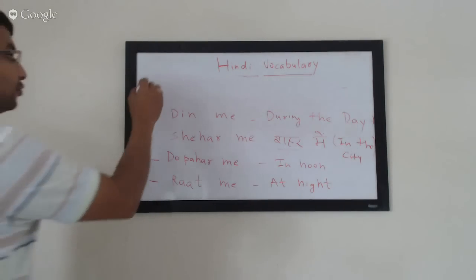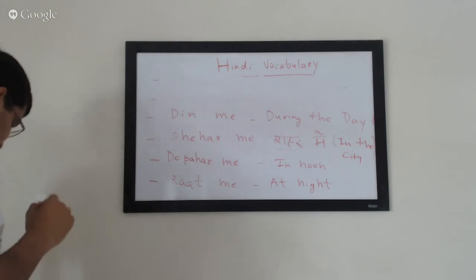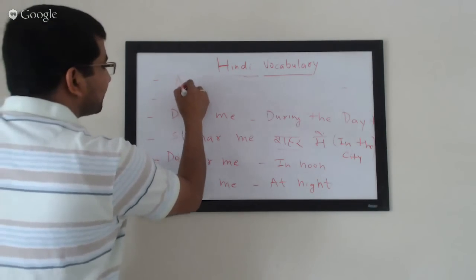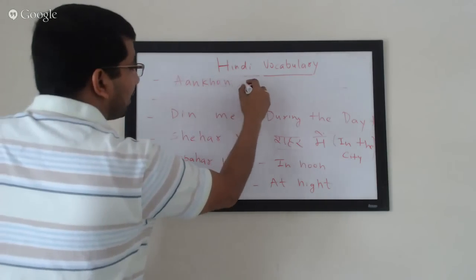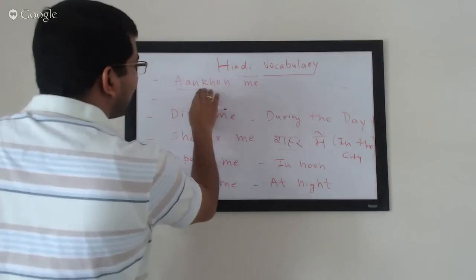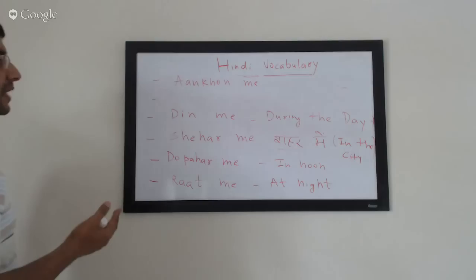There are two more actually that I want to cover because that will teach you some new words as well. They've used आँखों में. आँख is just one eye. आँखें is plural, multiple eyes.